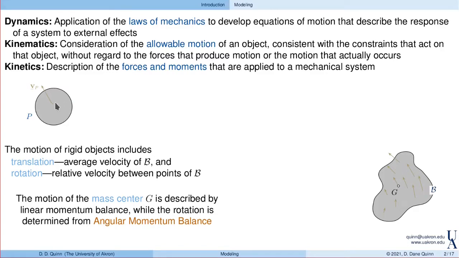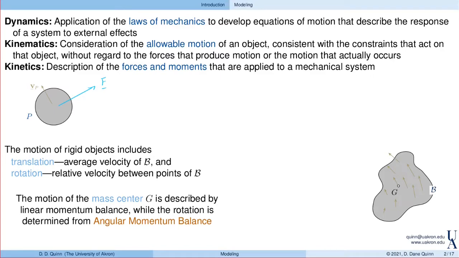So here we have a particle P. It's got some mass. It is a point mass, and it's moving with some velocity, shown here, v of p. And then we assume that there's a force that's applied to this particle, right? So F. What happens? What's the motion?